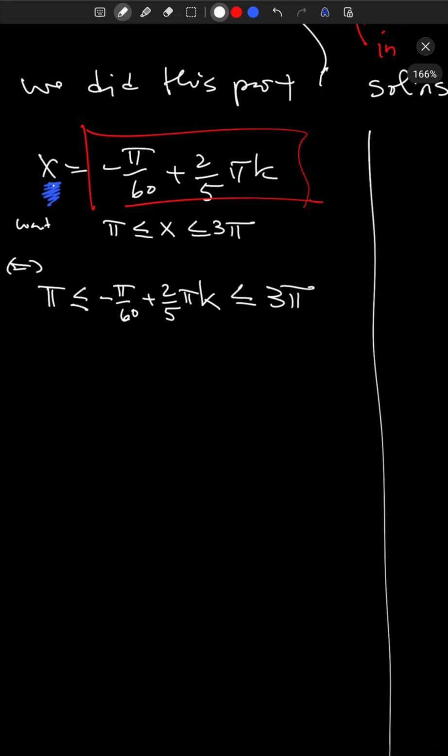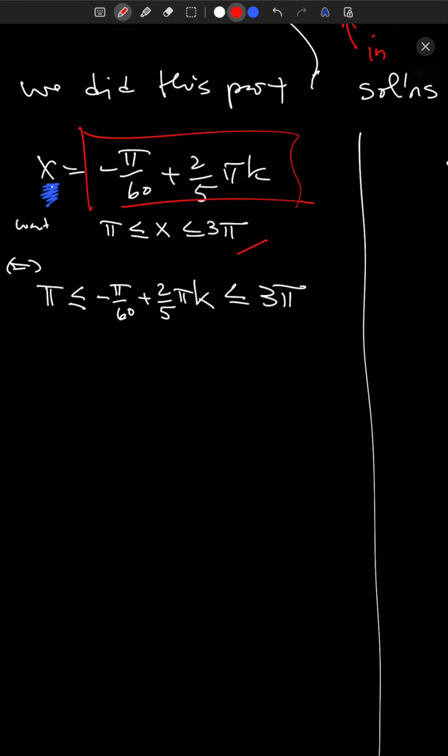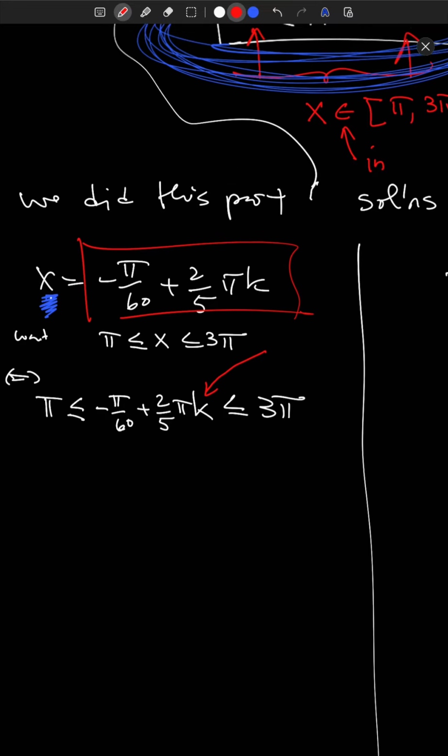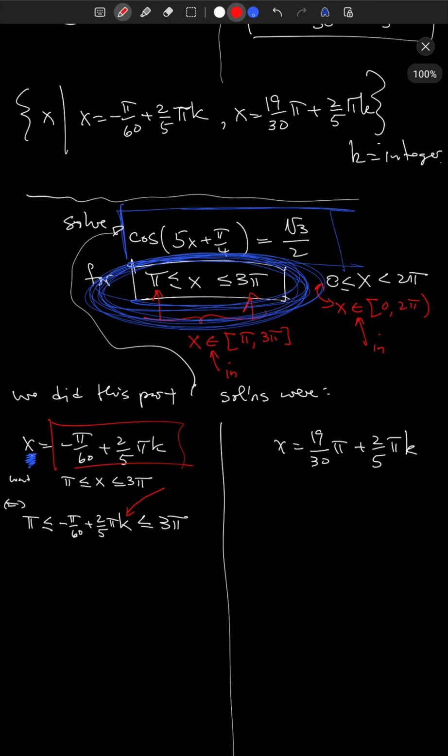Now, what do I mean by that? Well, here I have a k. For the first problem that we just did, solving for all solutions, k could have been any integer. But now when I have this restriction, x between pi and 3 pi, some k's are not going to work. Essentially our problem is looking at these oscillations like this.